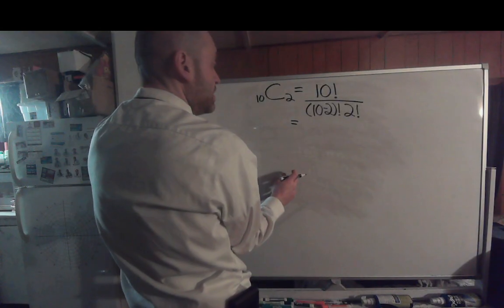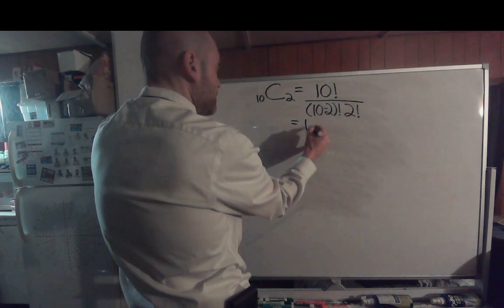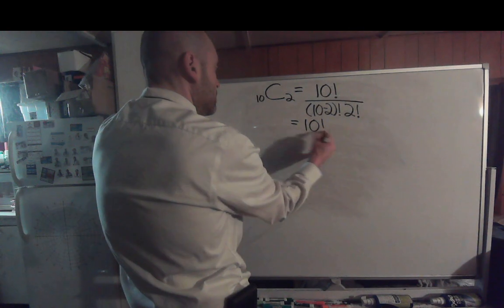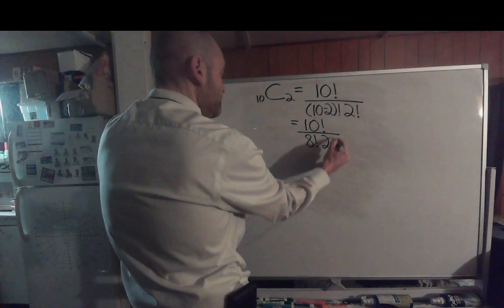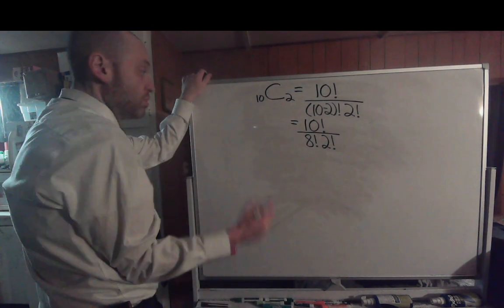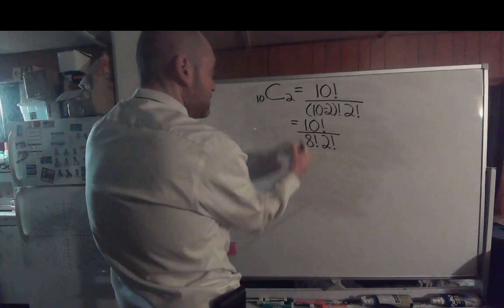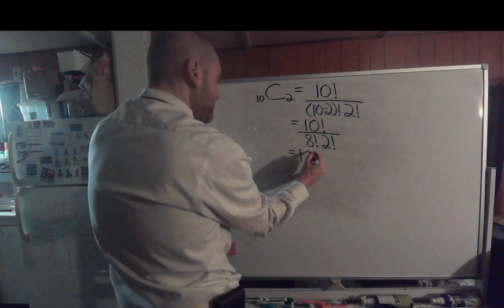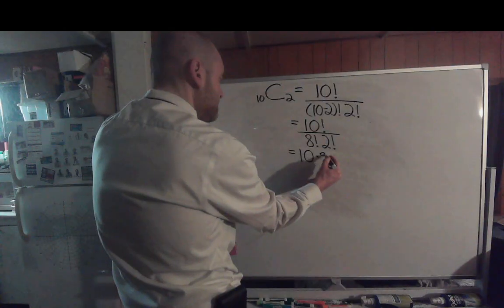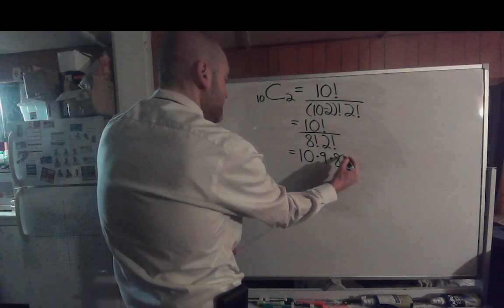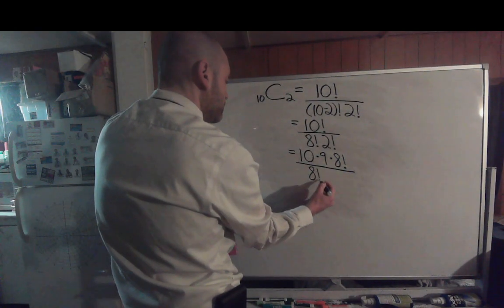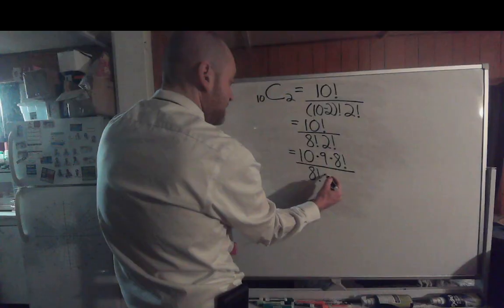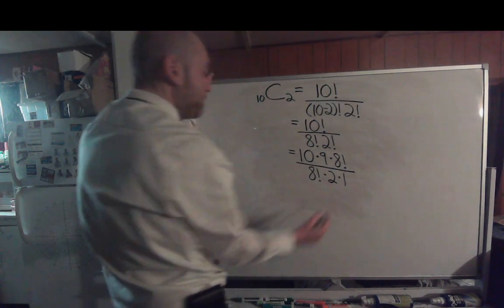Okay, so this would turn into 10 factorial all over 8 factorial times 2 factorial. Well, here in the numerator, you can break that 10 factorial down into 10 times 9 times 8 factorial divided by 8 factorial times the 2 times 1.